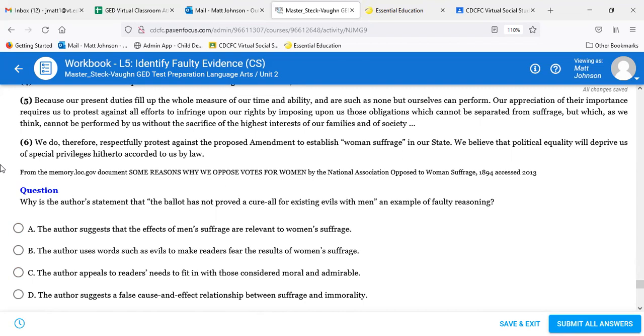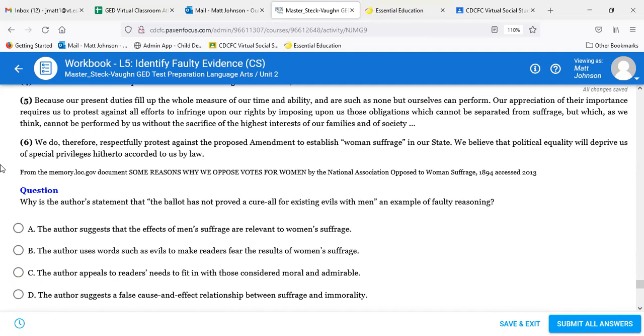B, the author used words such as evil to make readers fear the result of women's suffrage. C, the author appeals to the reader's need to fit in with those considered moral and admirable. D, the author suggests a false cause and effect relationship between suffrage and immorality.